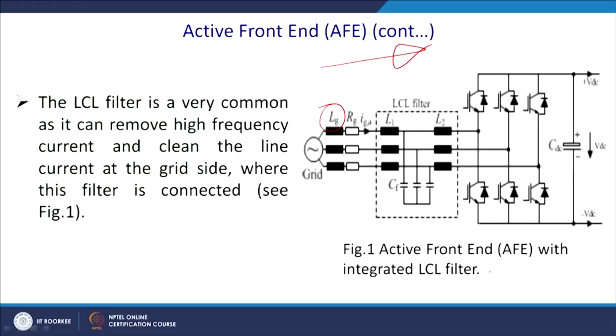Since it is switching, you have switching frequency ripples here, and that can be suppressed well by the LCL filter. An LCL filter is very common, and it can remove the high frequency current and clean the current at the grid side, and it is accepted within the power quality range.